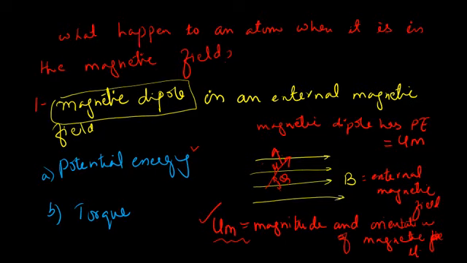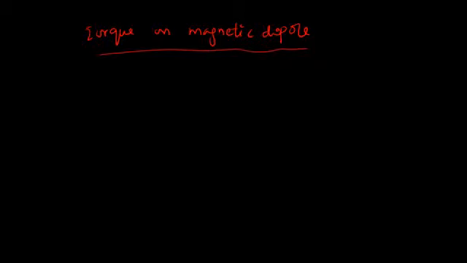Now the next thing is to find the torque on a magnetic dipole in an external magnetic field. The torque can be represented by tau.